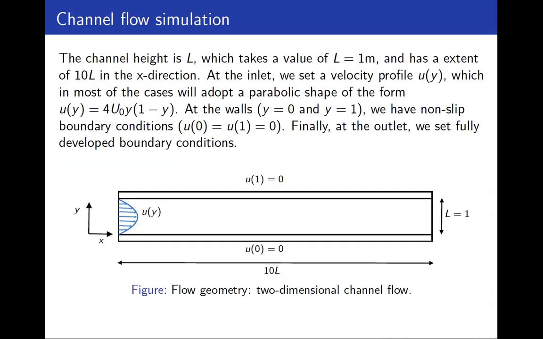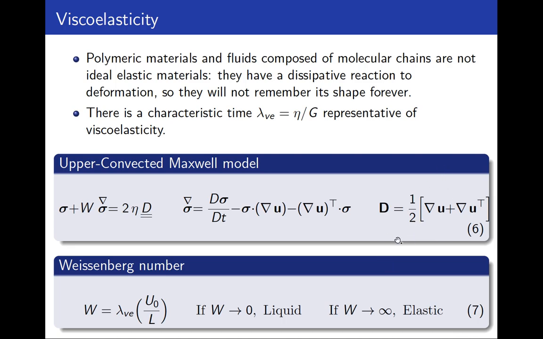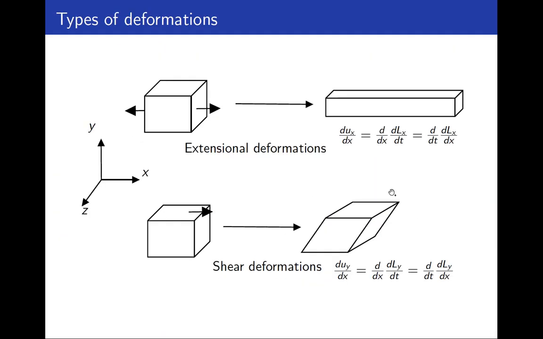That's why this tensor is important to study deformations in fluids. Because if you know the velocity of a material, how a fluid or a polymeric material is moving, and you calculate this tensor, you can get all this kind of information that I showed before.